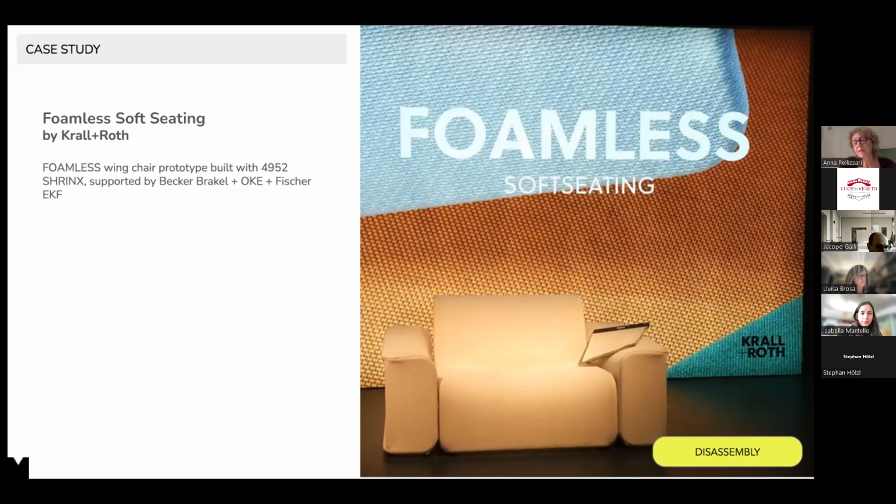And this would be typically applied to office chairs, for instance, or also that type of seats.